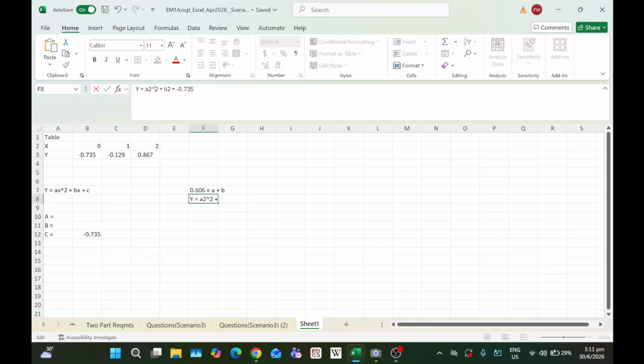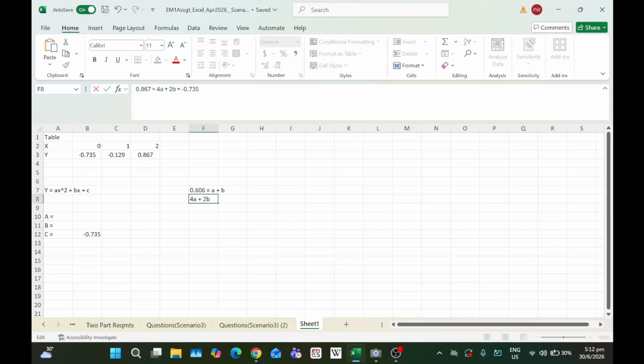And now y is 0.867. A times 2 squared is 4, so this will become 4a. B times 2 will be 2b.